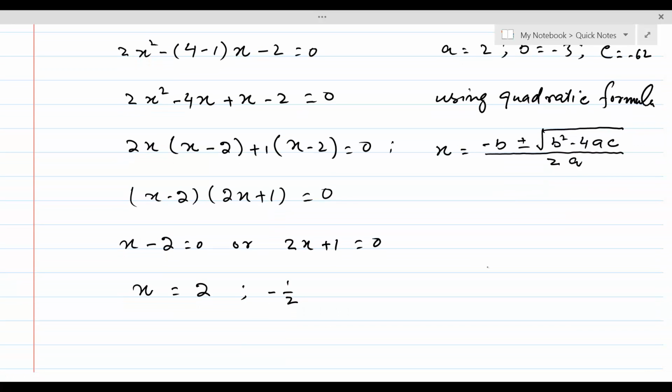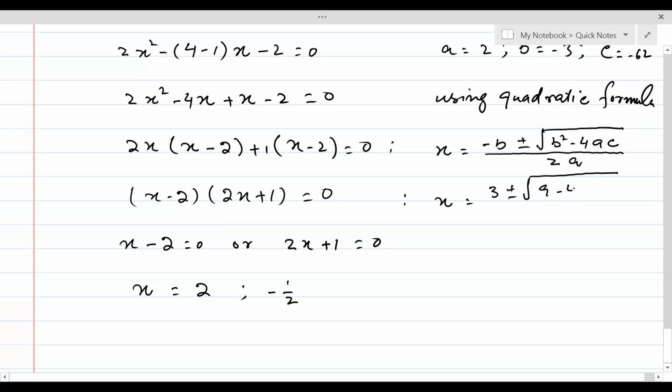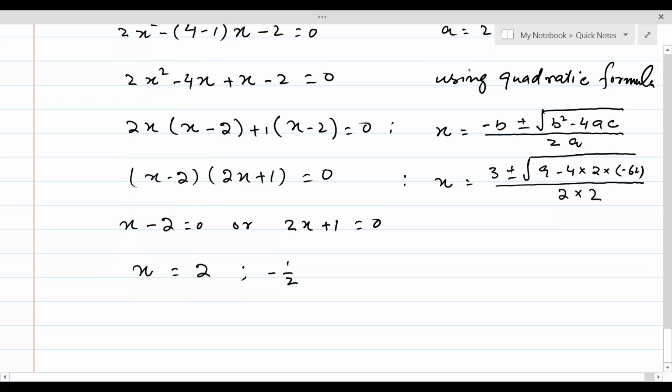Now when we substitute these values, we get x equal to 3 plus minus square root of b square, which is 9, minus 4 times a, which is 2, times minus 62, divided by 2 times a, and 2 times 2 is 4.